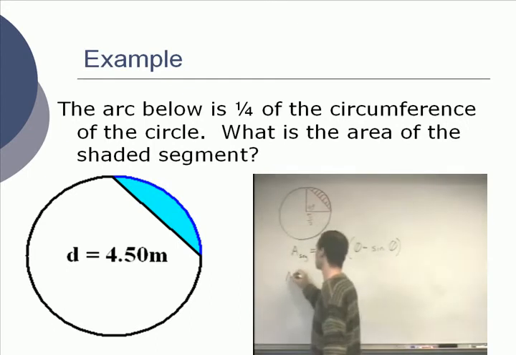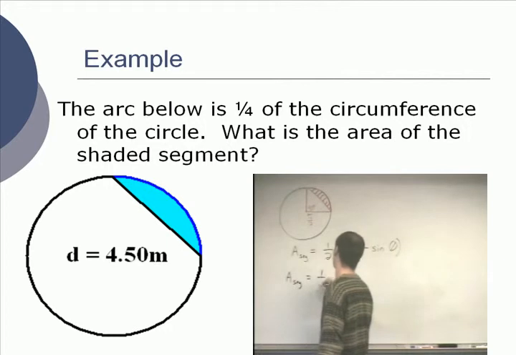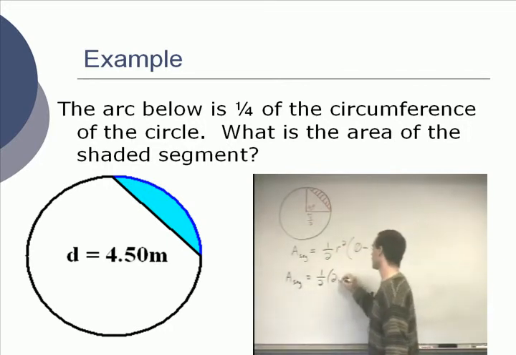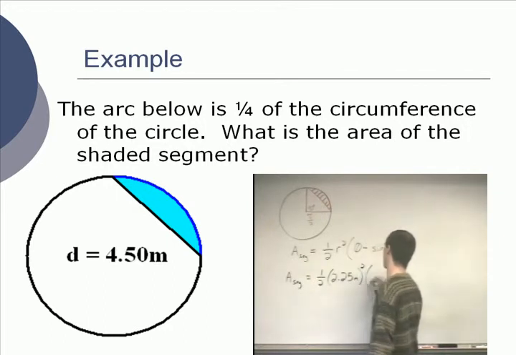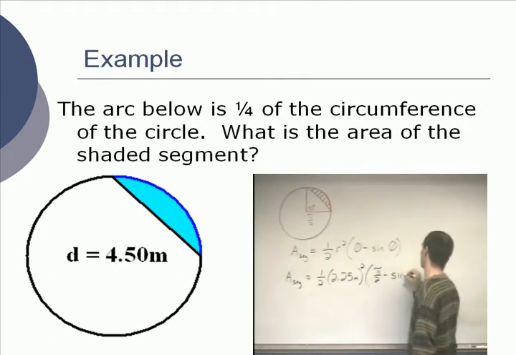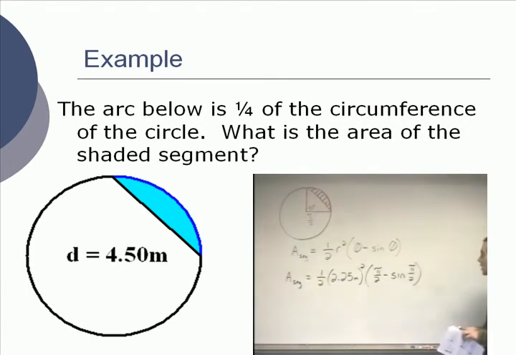So in our case, our radius has got to be 2.25 meters. Theta is pi over 2 minus sine of pi over 2. Again, got to be in radians for any of this to work out.